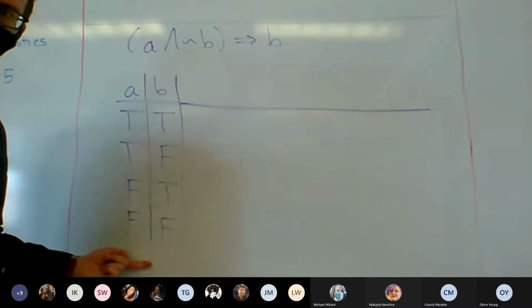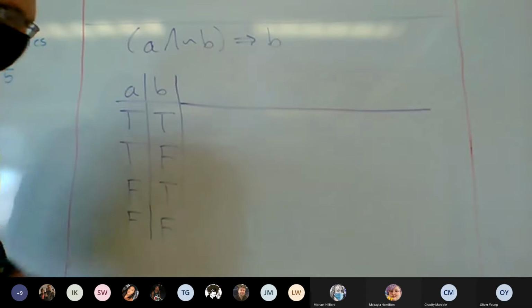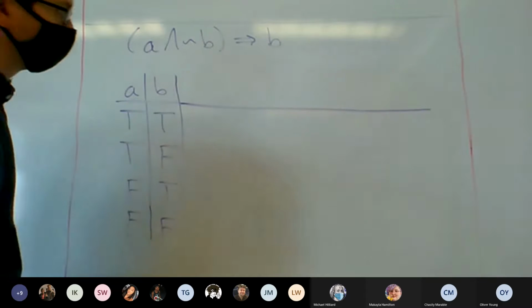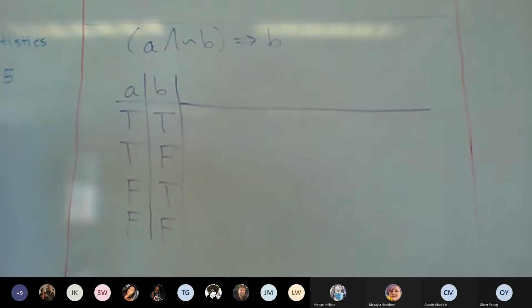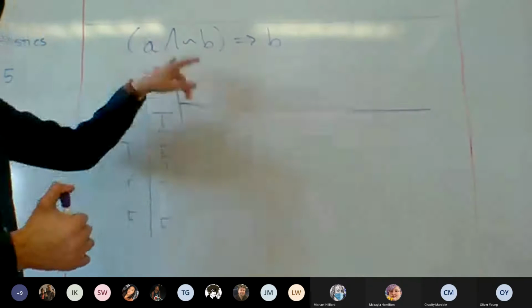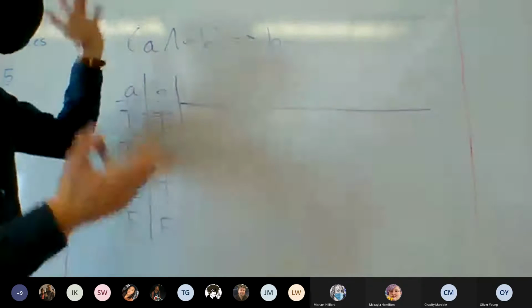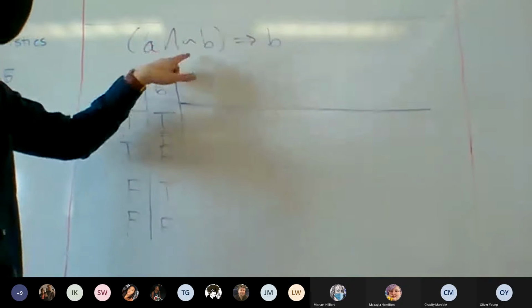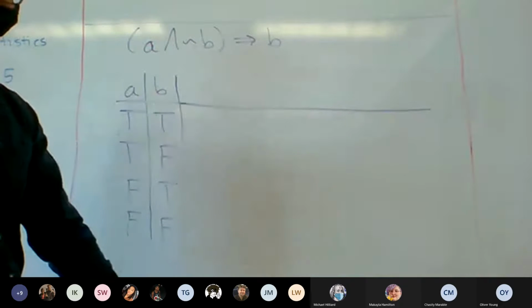All right, the first thing I need to consider is anything that's negated. Any simple statement, any letter that's negated up here needs its own column.